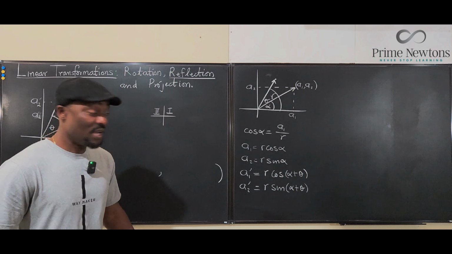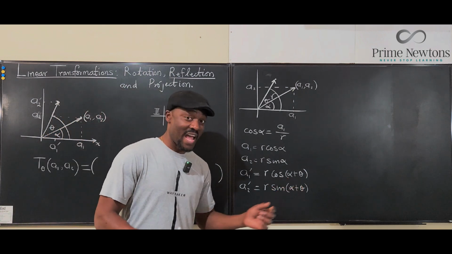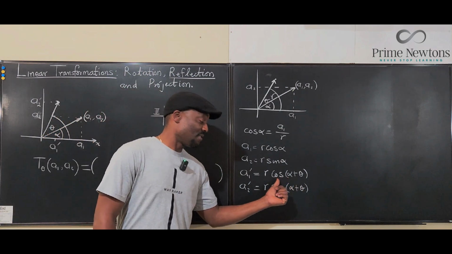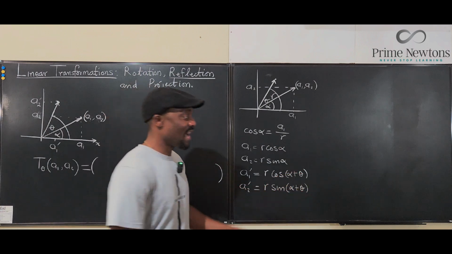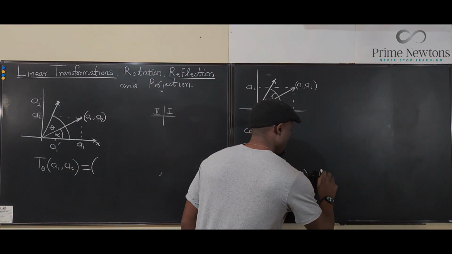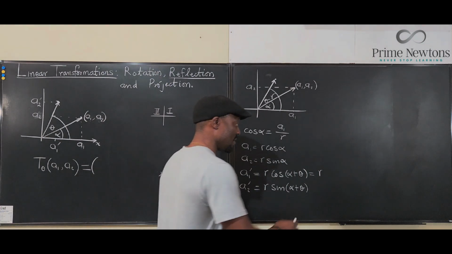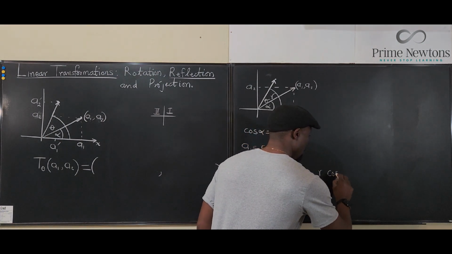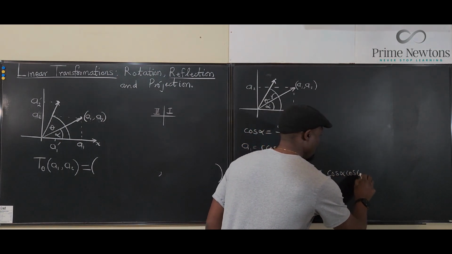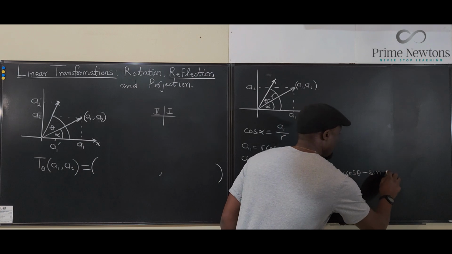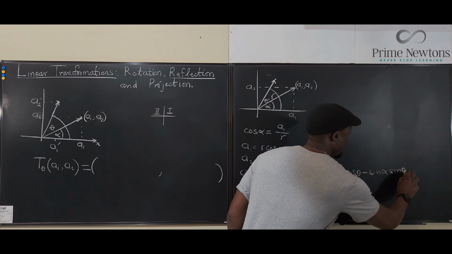We learned in trig that whenever you're adding angles inside a cosine, you can rewrite it using the angle sum formula for cosine: R times cosine alpha plus theta is cosine alpha cosine theta minus sine alpha sine theta.